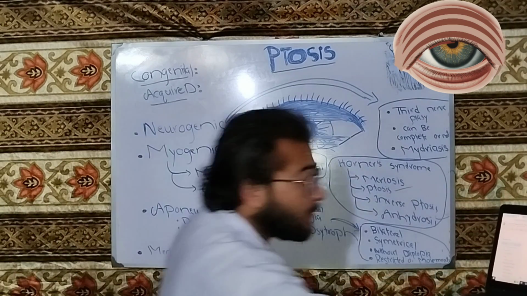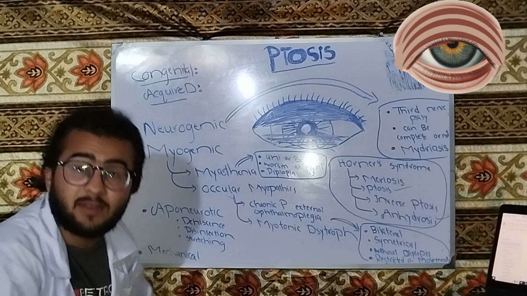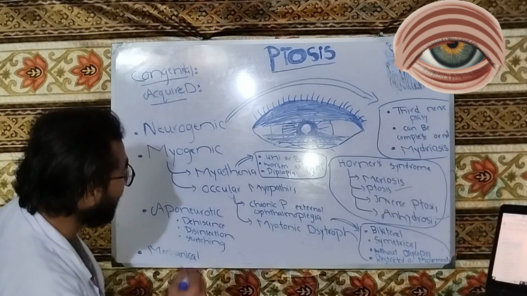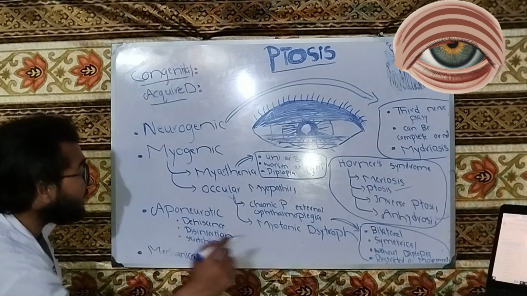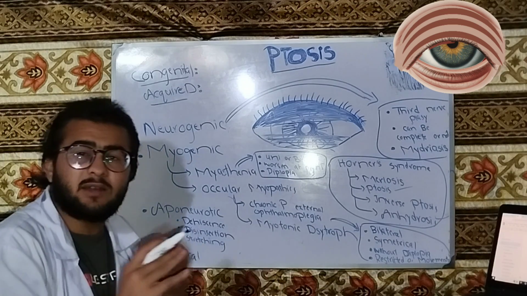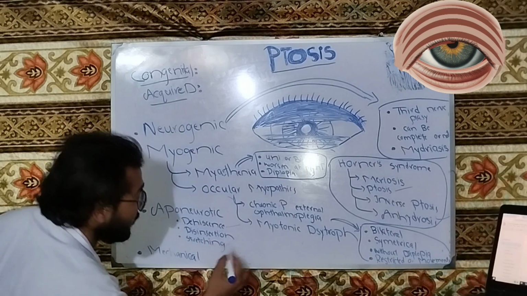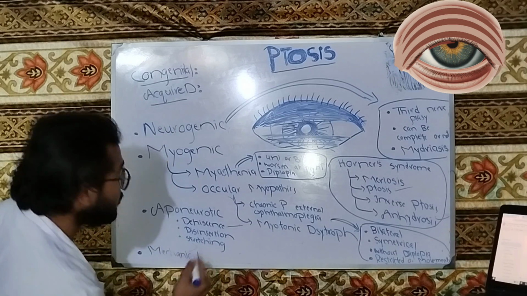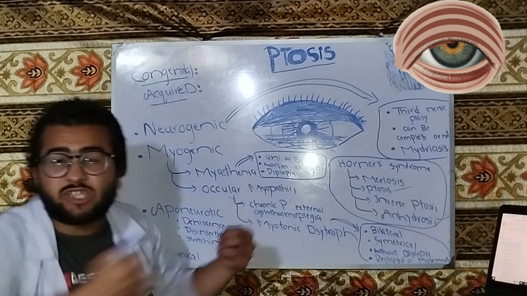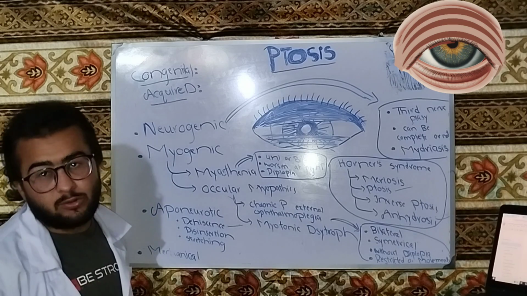So when there is a problem with the aponeurosis of the levator palpebrae superioris, it will cause ptosis, and it is also a common type of ptosis. What can cause aponeurotic ptosis? It can be due to dehiscence, disinsertion, or stretching if the aponeurosis is stretched extensively. So all these conditions can cause the aponeurotic type of ptosis.